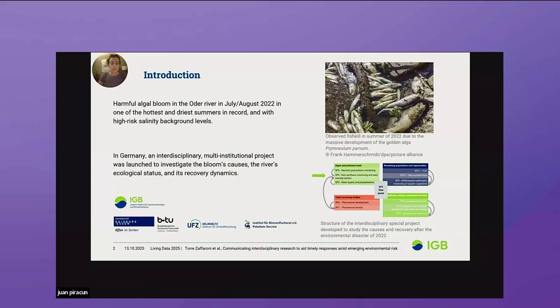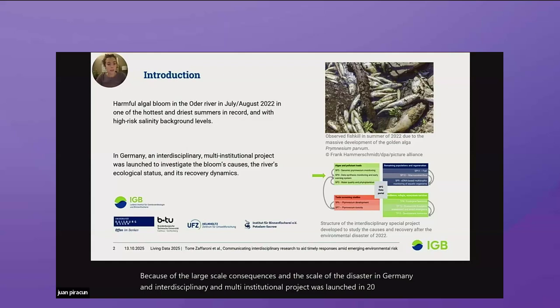And because of the large-scale consequences and the scale of the disaster, in Germany, an interdisciplinary and multi-institutional project was launched in 2023 to investigate the bloom's causes, the river's ecological status, and its recovery dynamics.